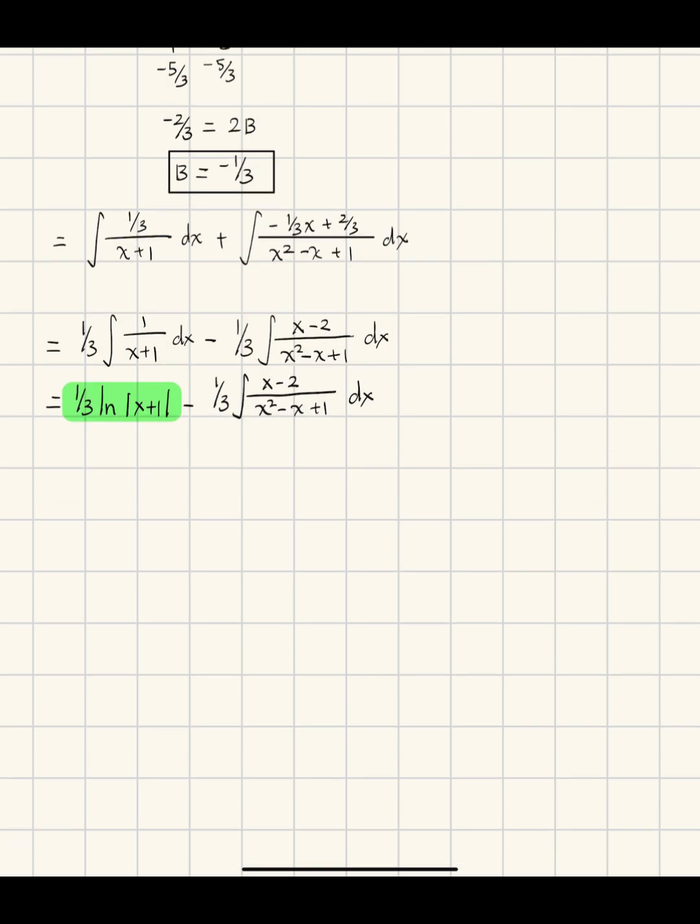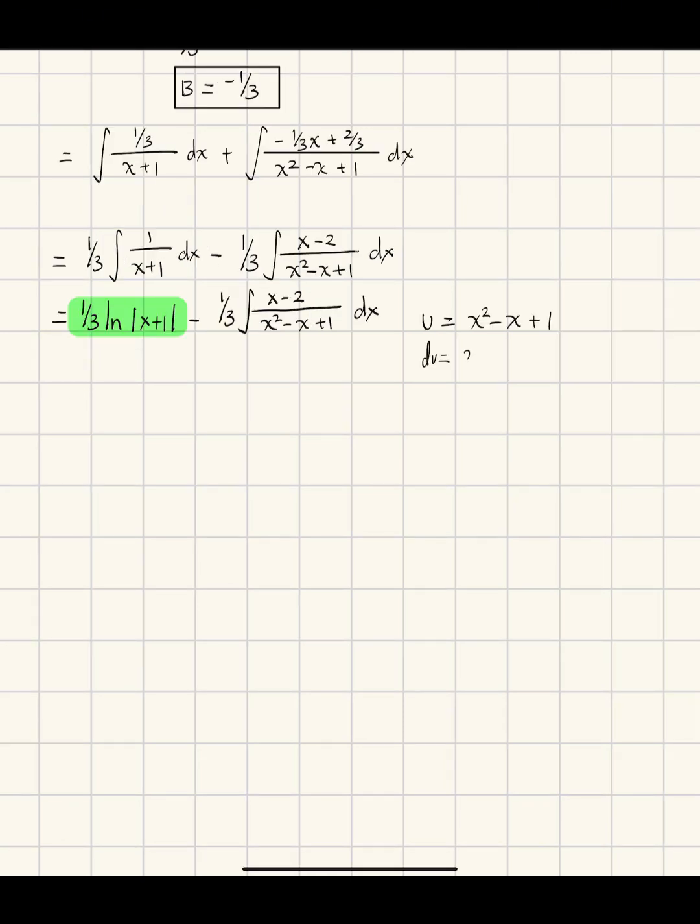So we're going to focus on the denominator of the integrand, which is x squared minus x plus 1, and we're going to set that as our u. Thus, our du is going to become 2x minus 1. Alright, so our next operation is trying to make x minus 2 look like 2x minus 1.